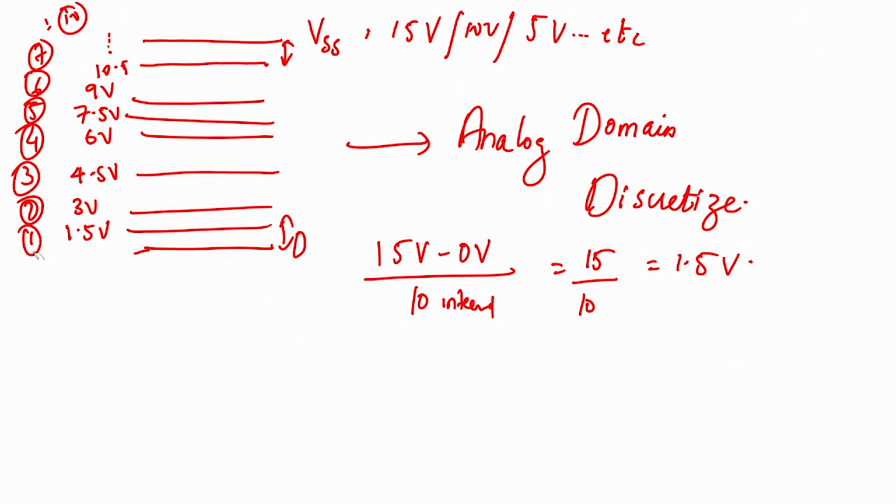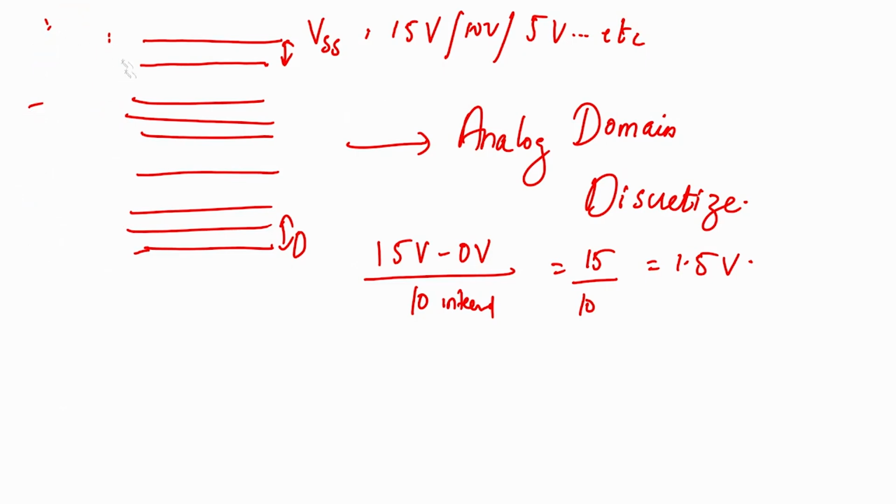So there are 10 levels, but usually, as you will be aware, the digital signals are binary, right? Depending on the number of levels that you need, you have fixed the levels right here, and each level we will then represent by a sequence of binary digits like 0 0 1 1 0 0. Now, what does the number of digits, the number of places in this digital representation, depend on?